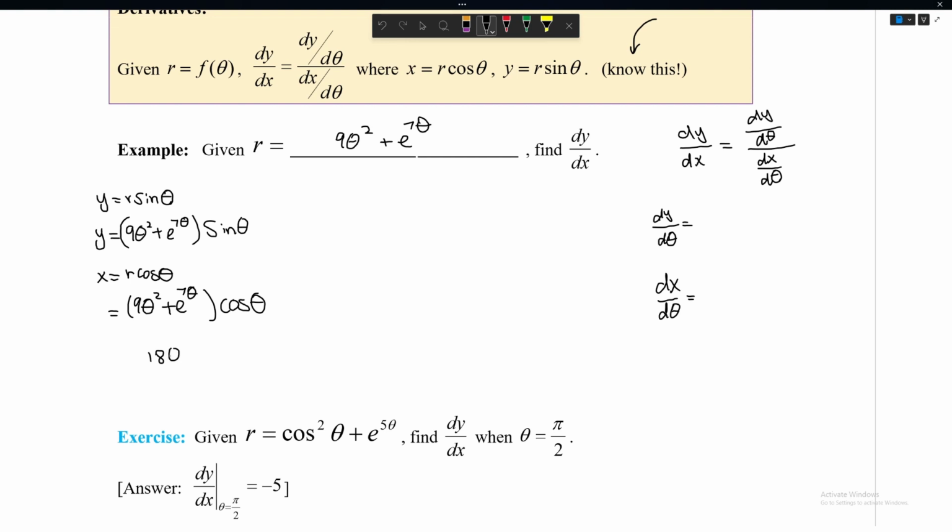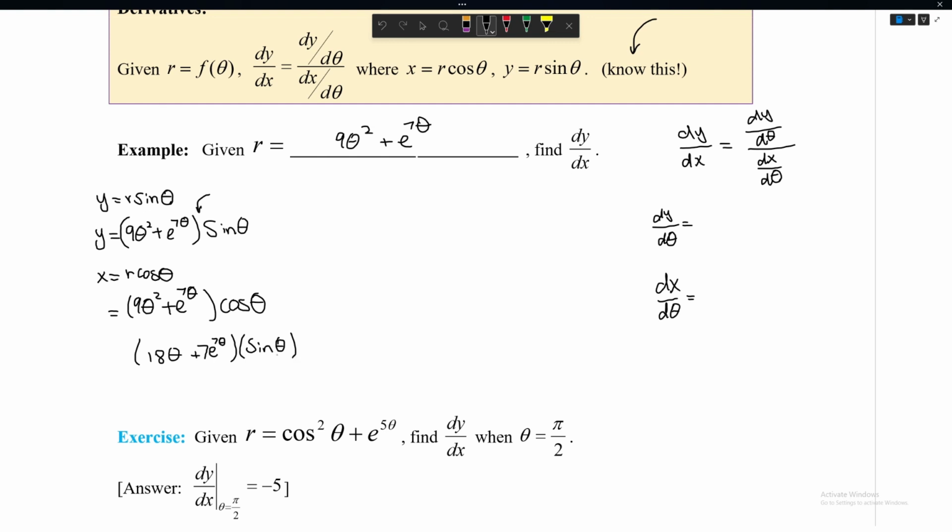Then your theta stays, the squared minus 1 goes away, plus the derivative of e to the 7 theta, which stays the same, times the derivative of 7 theta, which is just 7. I'm just going to put this at the front. But I forgot one thing: this whole thing is your product. So I'm going to derive this whole thing. That's my first derivative. The sign stays the same.